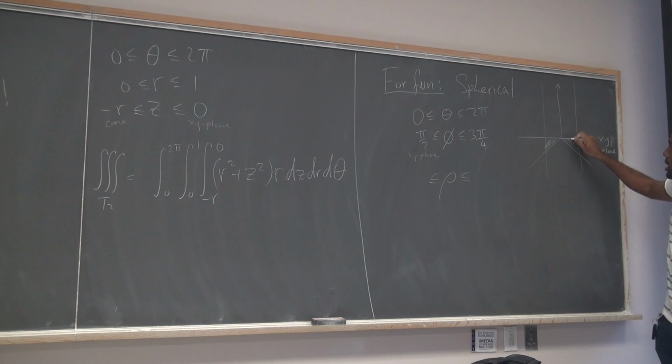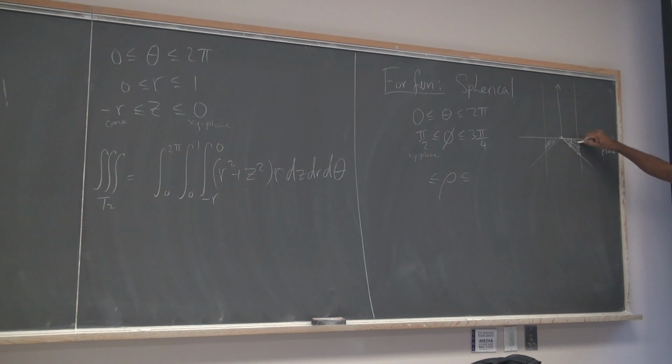Right, so my phi was extended from pi over 2 to 3 pi over 4. What is the rho? It's the distance from the origin, right? I need the distance from the origin that's hitting the outer surface. What's that going to be? It's variable, because what if I hit out here? That's clearly a different length than the previous one, right?